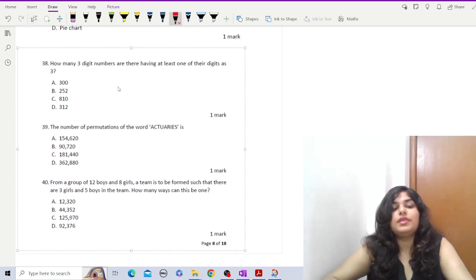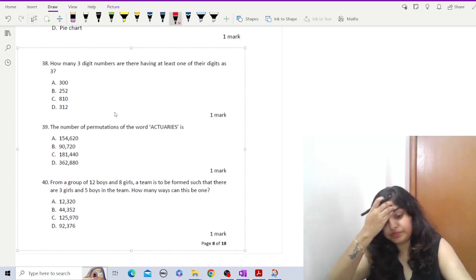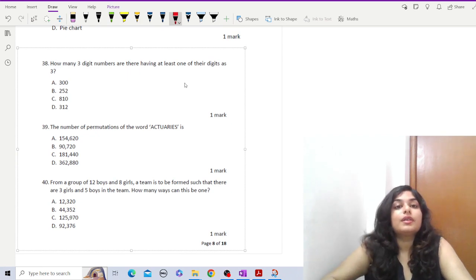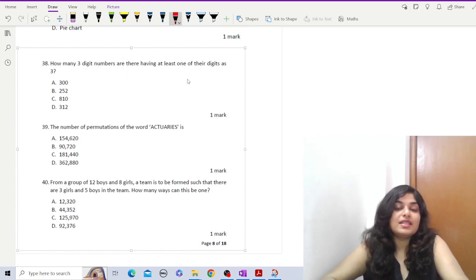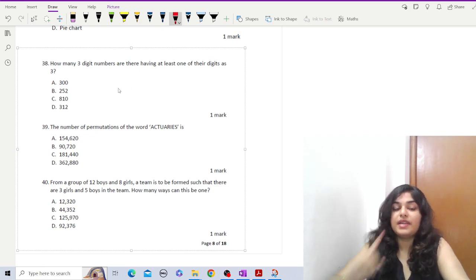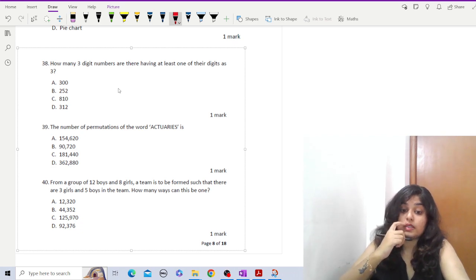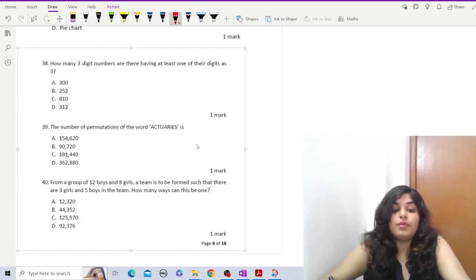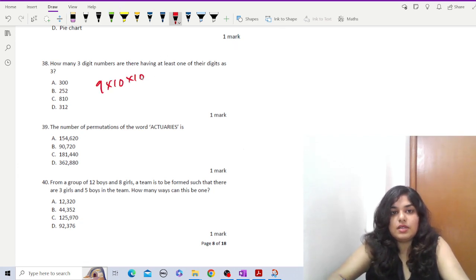Next. How many 3-digit numbers are there having at least one of the digits as 3? Okay. So first of all, how many 3-digit numbers are there? That is 9 into 10 into 10, which is 900.